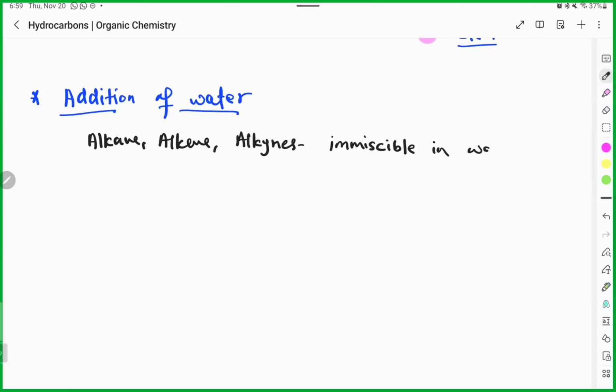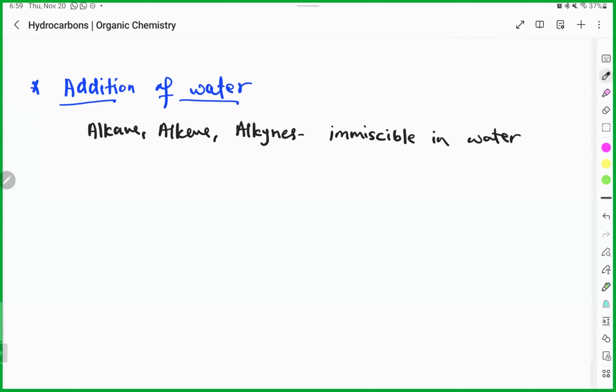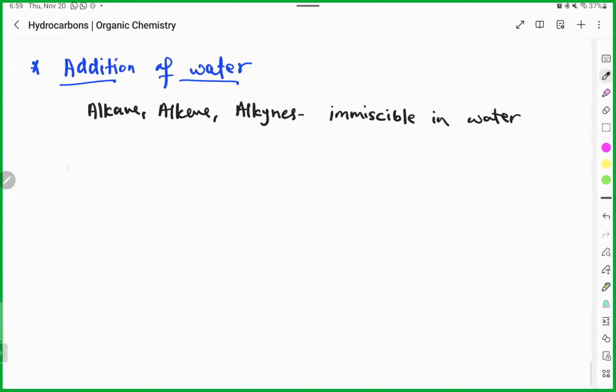So if we are not able to dissolve them, we have to add a special molecule. We have to heat them. Only then will this react.